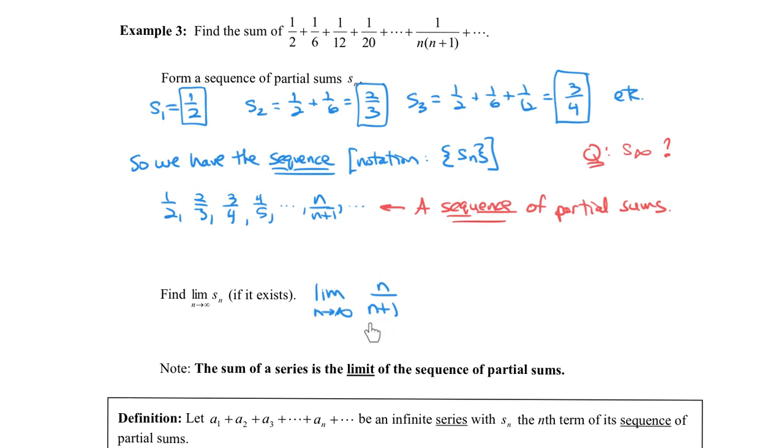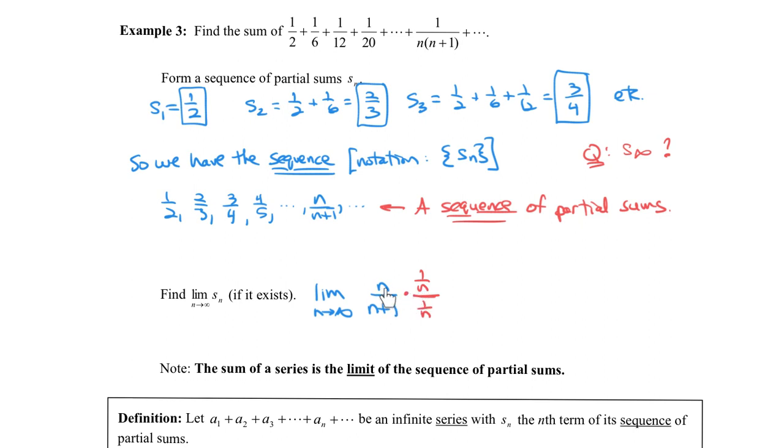And eventually you usually learn about L'Hopital's rule. But before that, you would learn a technique that would say basically divide each of these by the highest power in the denominator, which in this case would be n to the first power. And the way you show that algebraically is you do something like this. You multiply by 1 in the form of 1 over n over 1 over n, which essentially is dividing by the highest power in the denominator.